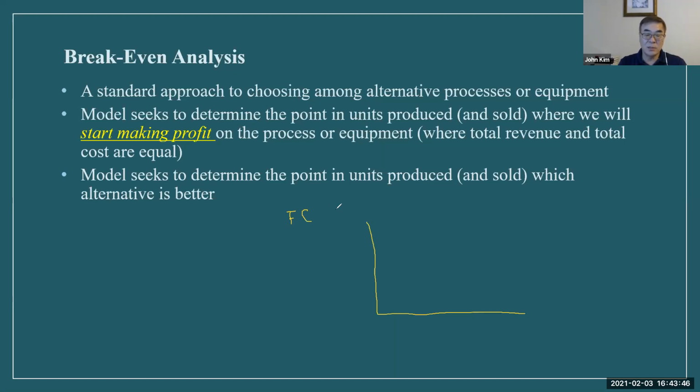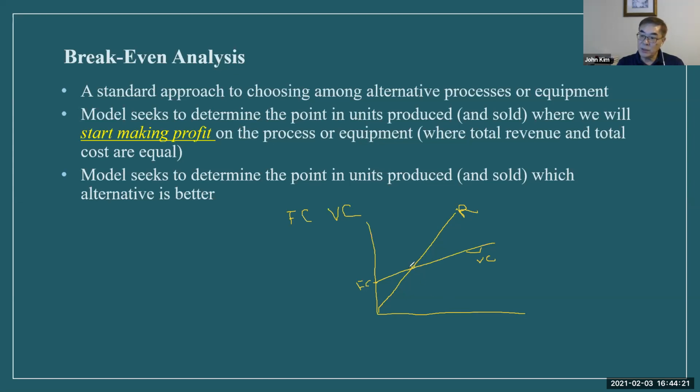The additional cost we call variable cost. So start from fixed cost, increase by variable cost. And then make something and sell. Then sell 1, 2, and 3, and it increases like this. We call that revenue.